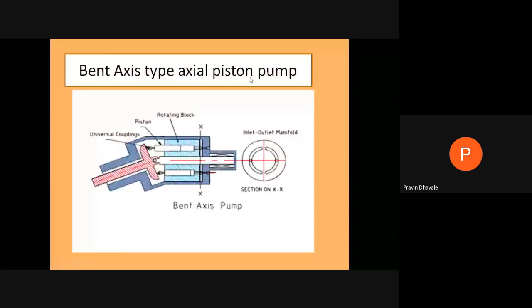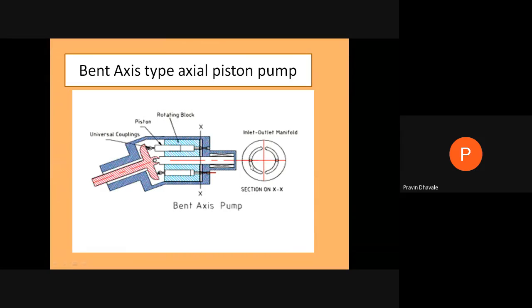And these are certain cross sections at this axis region. The axis shows the cut section line, where we are getting the inlet and outlet manifold. If you consider, this will be the inlet manifold and this will be the outlet manifold.